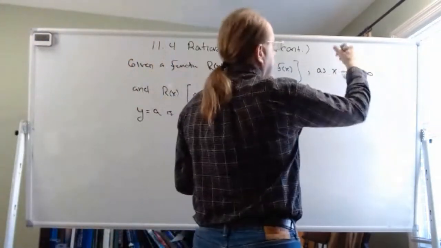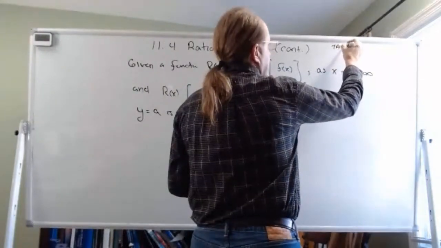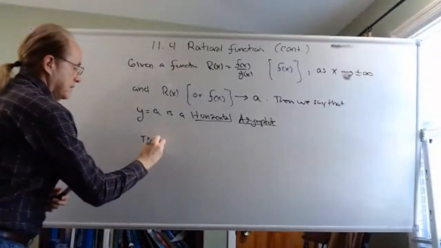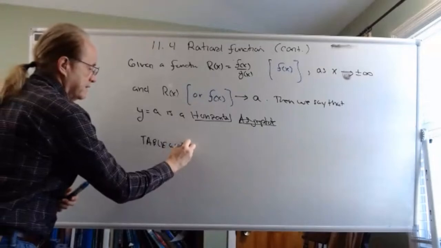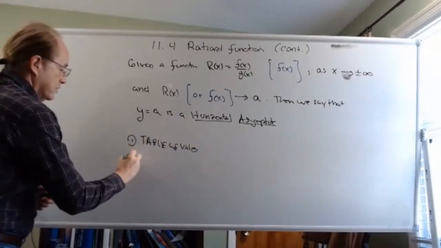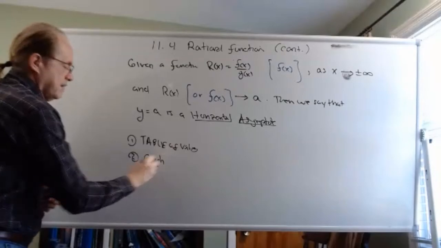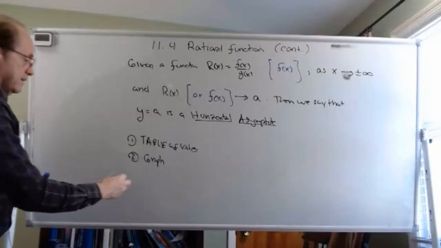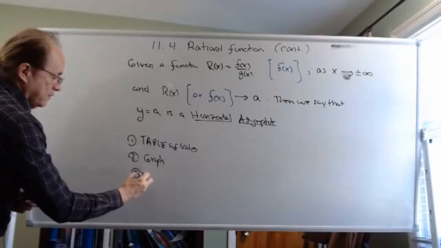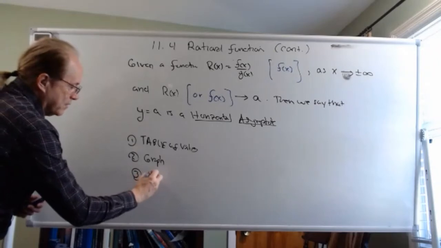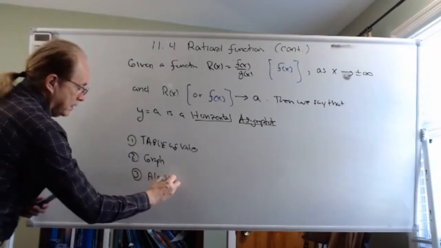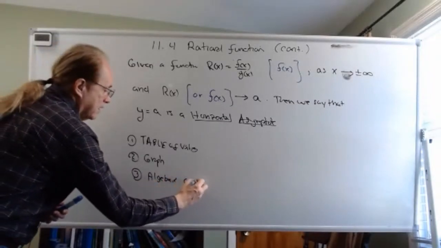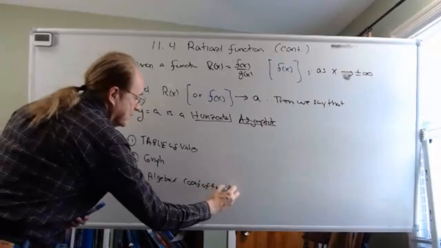Now you can either look at it as a table of values, like I did. You can look at its graph and surmise from the graph what's happening. We can look at those two algebraic approaches I had, and they both involve the coefficients of the x terms.